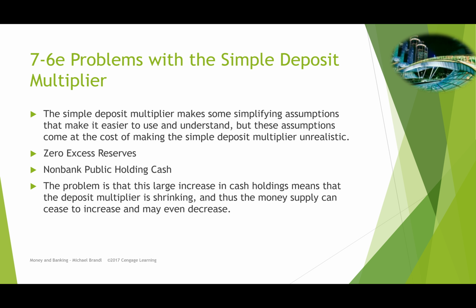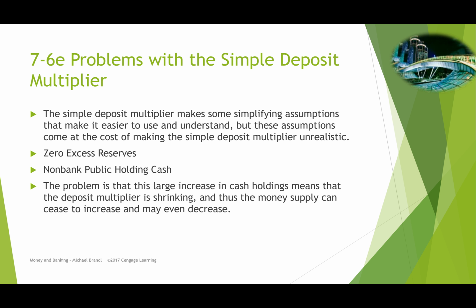Non-bank public holding cash is another problem, when, of course, in our little model here to get the simple deposit multiplier, we assume that everything that's lent out by the banks comes back to the bank as a deposit somehow. Well, that ignores the fact that some of the money may not come back to the banks in this kind of cascading process. Some of it may get hoarded by the public.